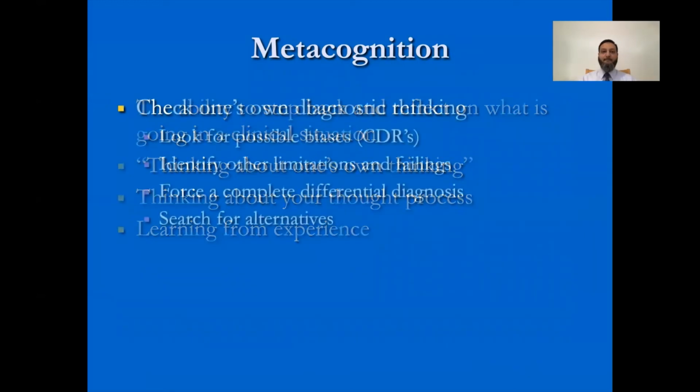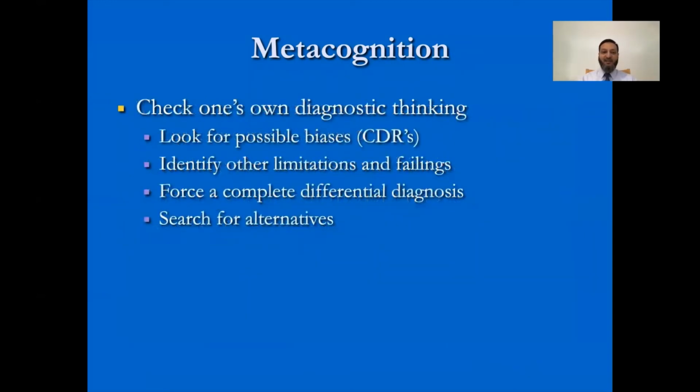Part of metacognition is checking to see what is happening with your own diagnostic thinking, what is happening with your clinical reasoning skills, and looking to see if there are any possible biases that might be impeding your ability to make a diagnosis. It's through metacognition that you can identify other limitations and failings.